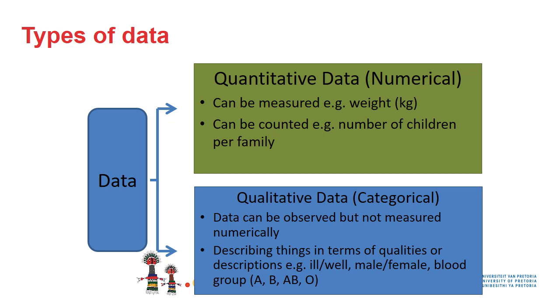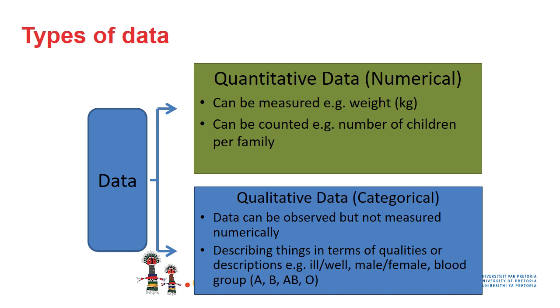Data can either be quantitative or qualitative. Quantitative, also called numerical data, consists of numbers and is usually a result of either measuring something like weight in kilograms, height in centimeters, or it could be a result of counting. For example, the number of children in a family, which can be 0, 1, 2, and so on.